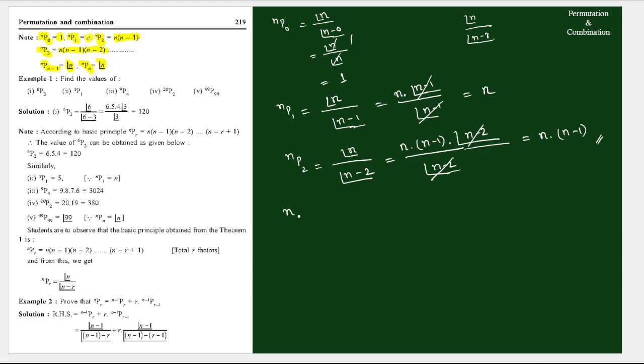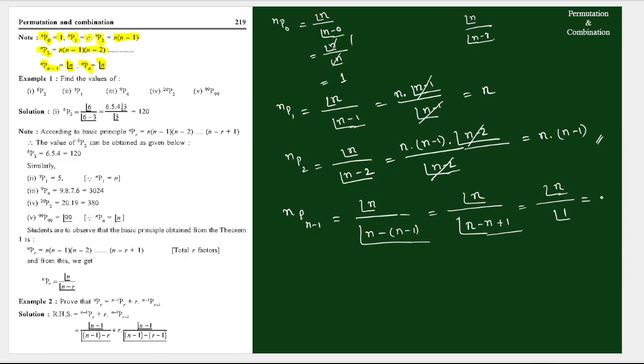तो अभी ये जाएगा nP(n minus 1). Let's see. Okay, this is factorial n. ये क्या होगा? n minus, n minus 1. So factorial n over, ये क्या होगा? n minus n plus 1, है ना? So factorial n minus n is 0. This is factorial 1. So factorial 1 is 1.